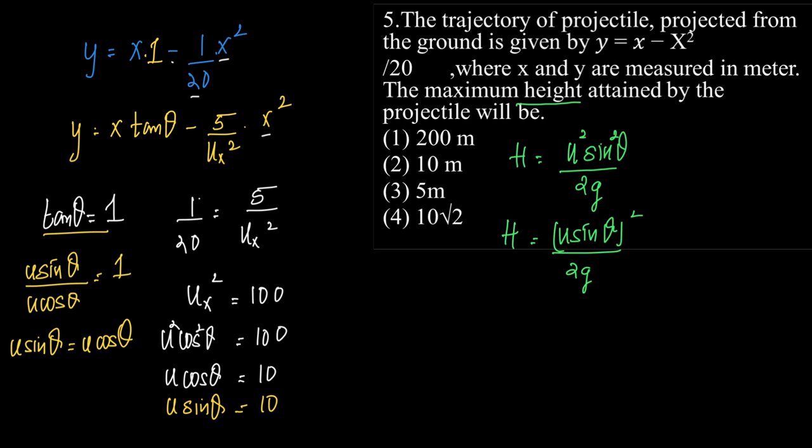What is u sin theta? It is 10 from here. So we have 10 square upon 2g, which is equal to 100 by 2 into 10, which is 20. So 100 by 20 is, sorry, 5. So the correct option is option 3, 5 meters.